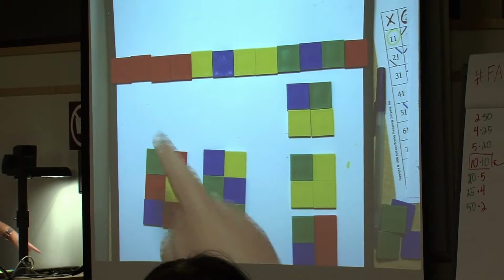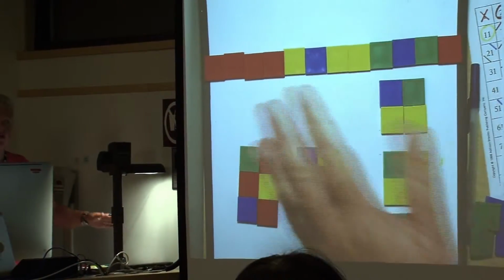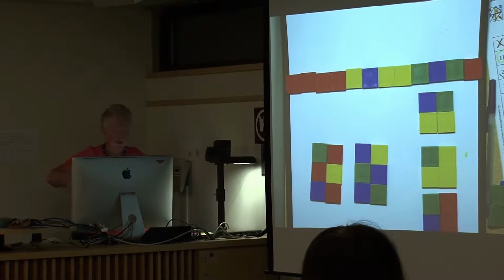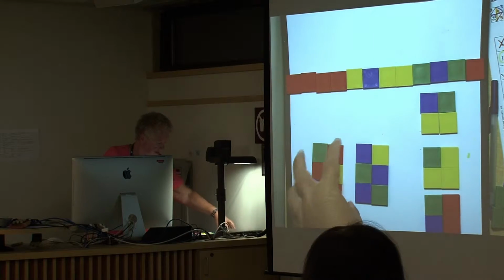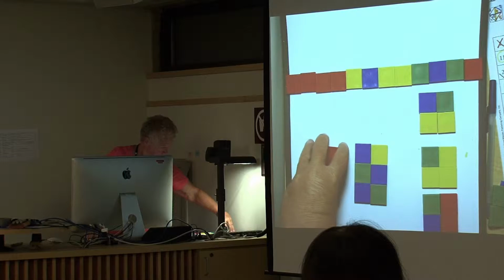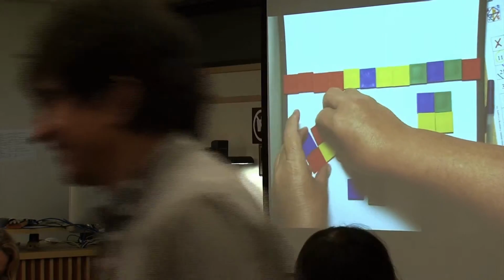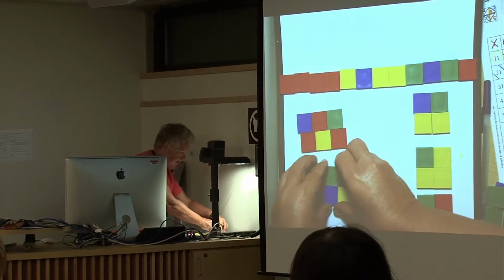Okay, I did a 1 by 12, which could go either horizontally or vertically. I did a 2 by 6, which could go horizontally or vertically.